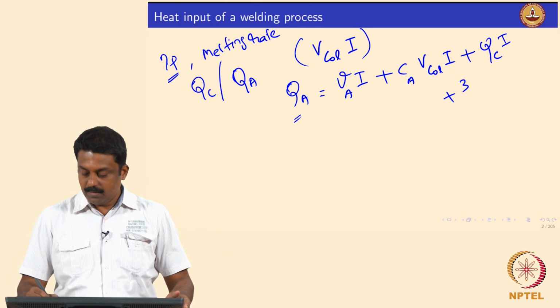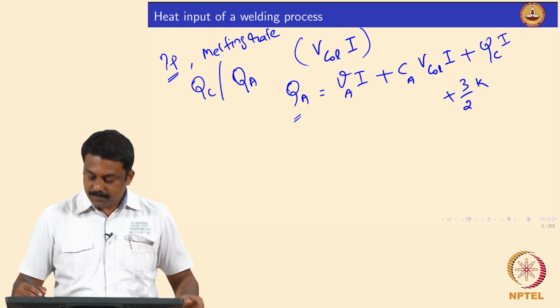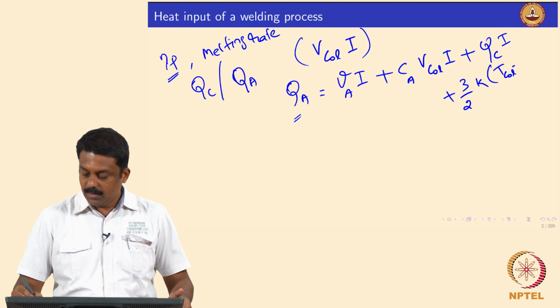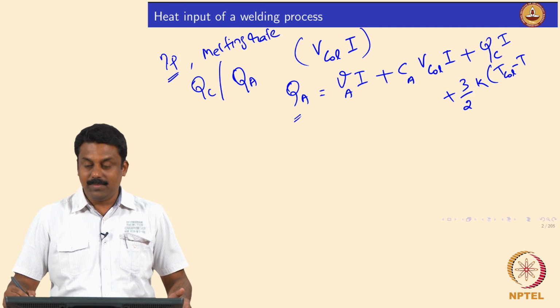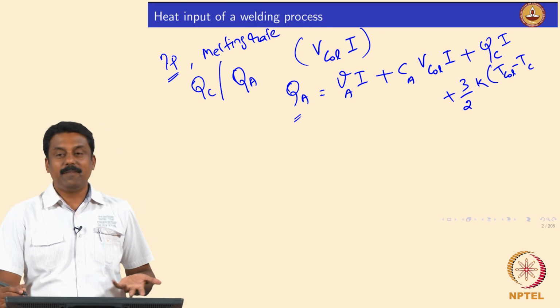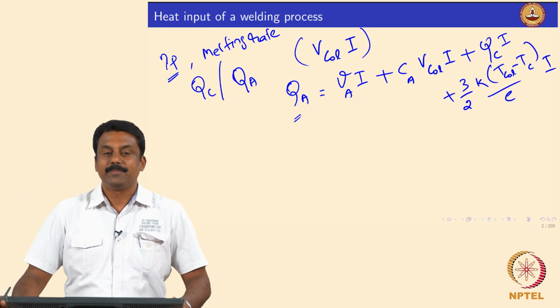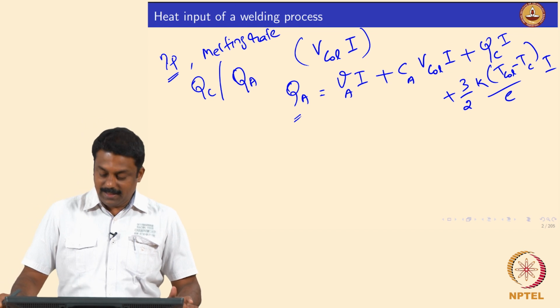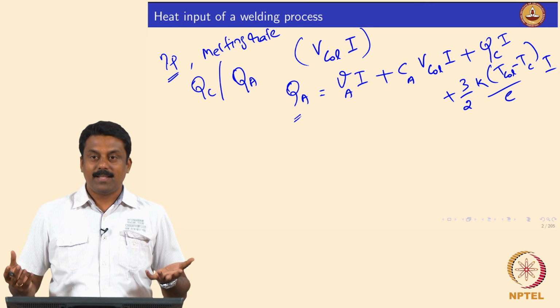We can measure that from the Boltzmann constant, and this is T column minus T cathode, the arc column minus cathode, because the electron is coming from the cathode only, divided by E times I. This is all a plus term in the anode, which is why the temperature is always higher in the anode.